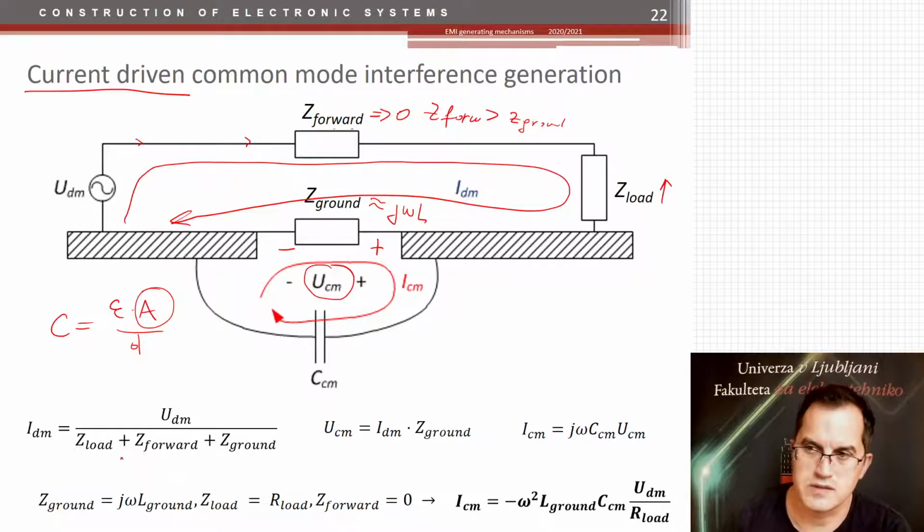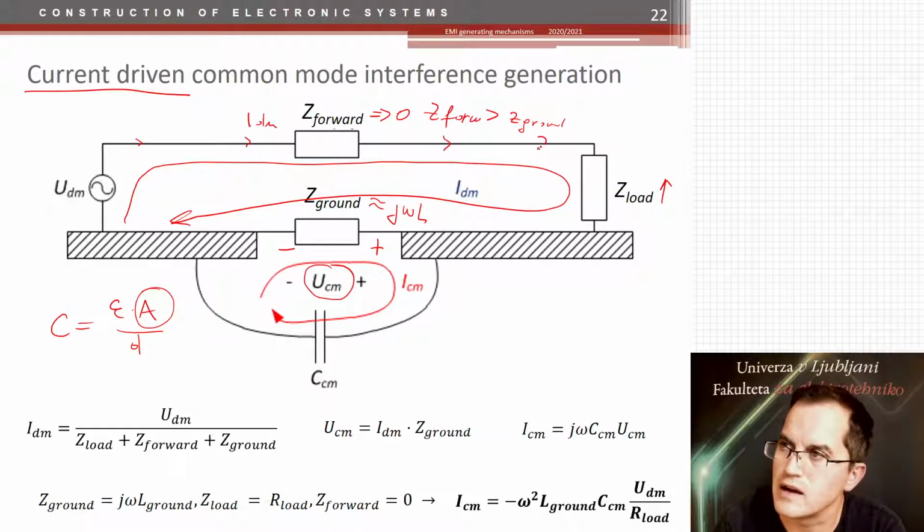Here are the equations. So the differential current here, I_DM, that runs on that line and then returns back on the ground to the source, is equal to the differential mode voltage, which is wanted, this is a desired voltage. We need it because this is making my PCB work. This is a useful signal. It's running through this line here and returning back here.